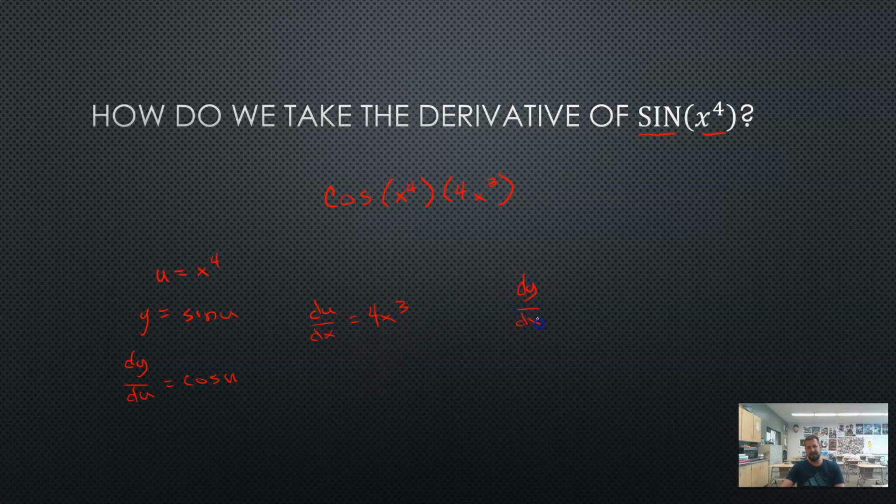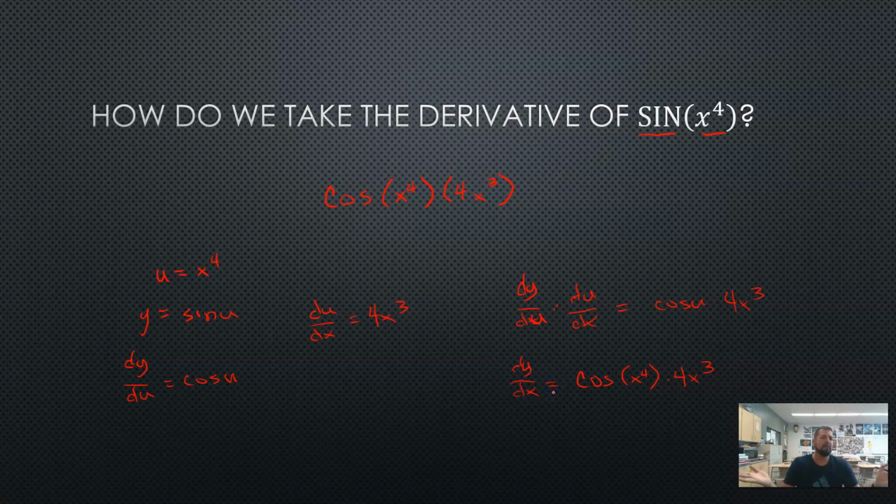So if I multiply dy/du by du/dx, I would get cosine of u times 4x to the third, and then I just replace the u with what we had originally, which is x to the fourth. So I'd have cosine of x to the fourth multiplied by 4x to the third. And that would be my dy/dx. So not that big of a deal for that.